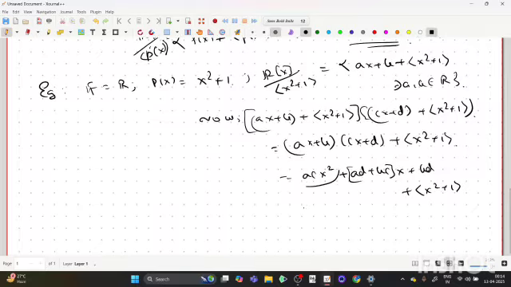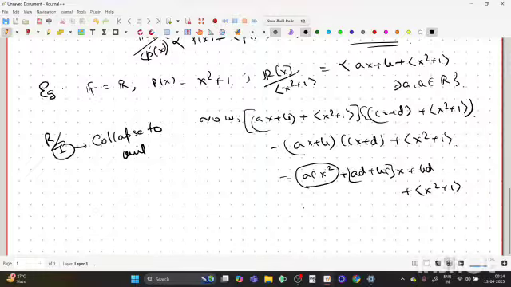But this term has to be collapsed in some sense, right? Since we are in a ring modulo I, the elements of I must collapse to zero. What I mean to say is that the element x square plus 1 is inside the ideal generated by x square plus 1.